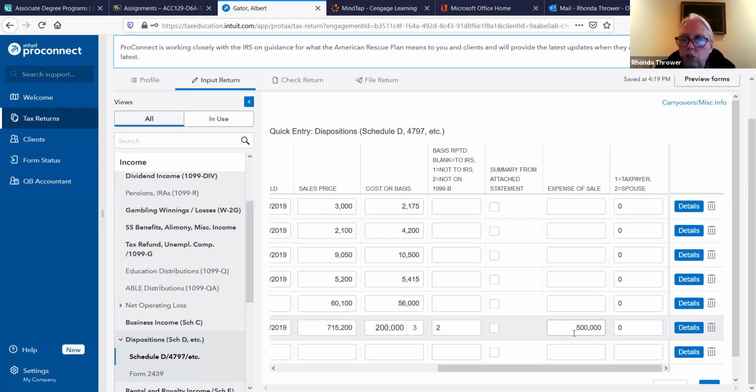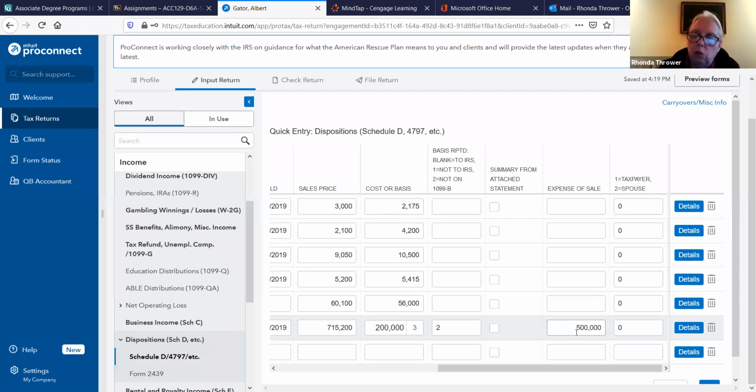So this 500, according to your instructions in your textbook, is given if you're married filing jointly. You don't have to pay $500,000 in capital gains tax when you sell your personal residence. But if you're single, it's a different amount. I think it's $250,000 that you can apply to it.